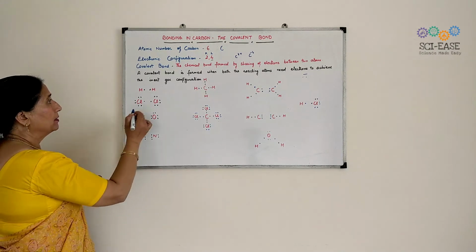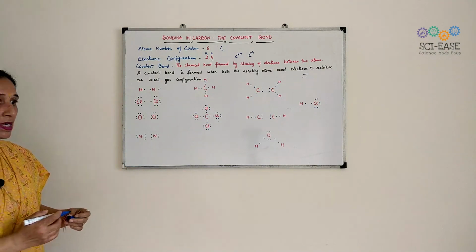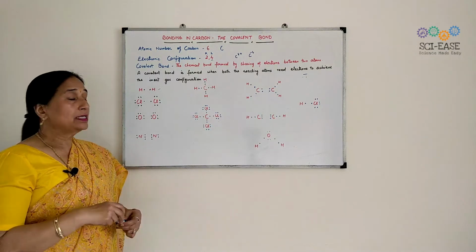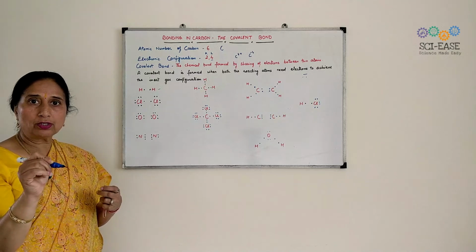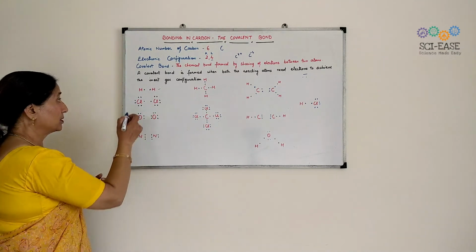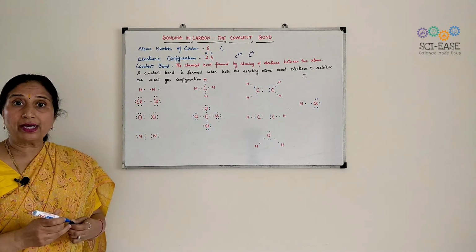Here we will take the case of hydrogen. Hydrogen has only one electron, and this I have represented by cross. You can put dot also, you can put cross also in order to represent the electrons. Hydrogen is very reactive.